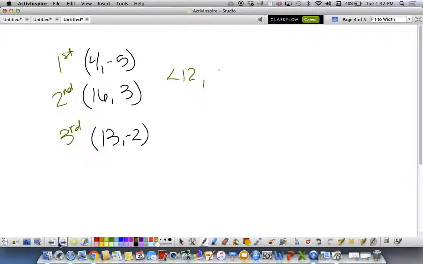They moved from 4, they moved 12 units to get to 16. The y was at negative 5, they moved 8 units up to get to 3. To get from the second point to the third point, -3, -5. Very good. That one's pretty simple.